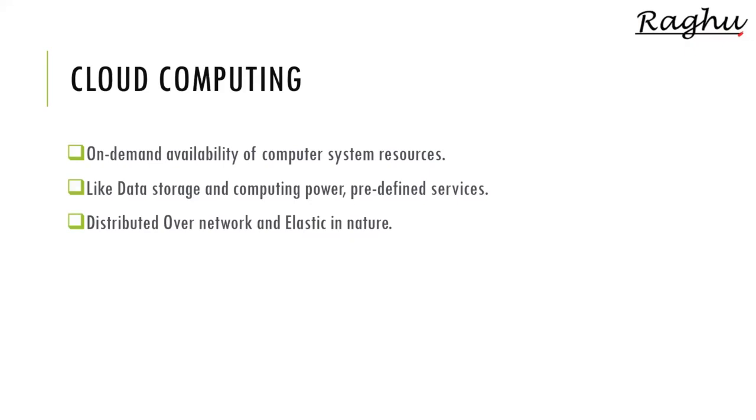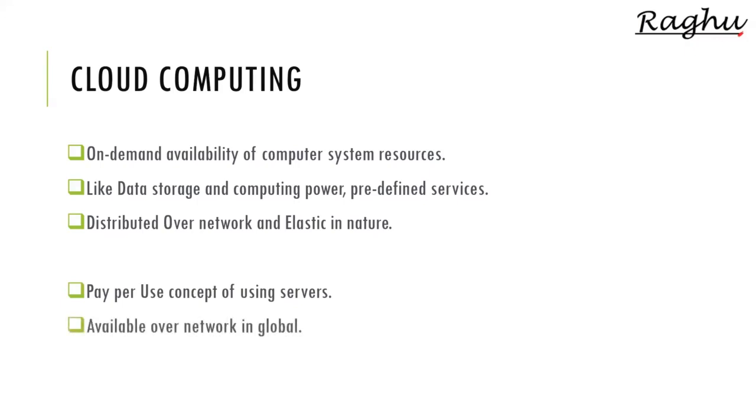That is the default elastic nature of cloud computing, distributed over a network. It is also a pay-per-use concept. How much you use, that much you need to pay. It is available over the network globally, so this is availability over the internet.